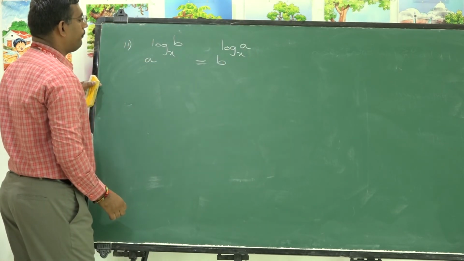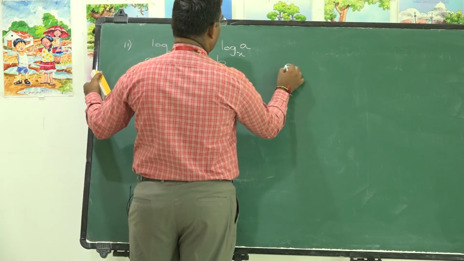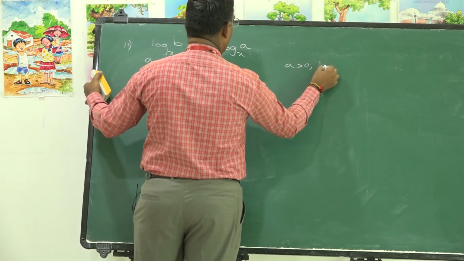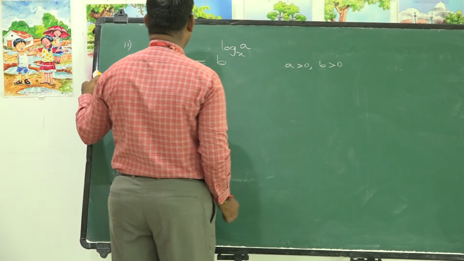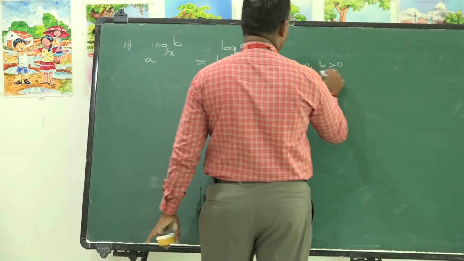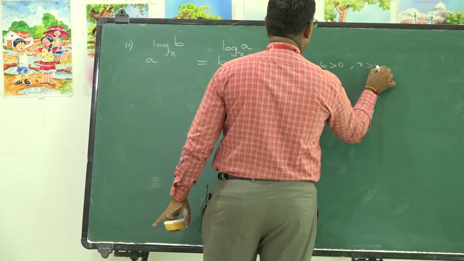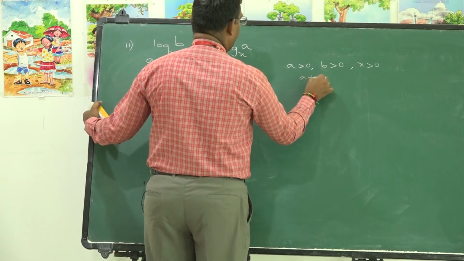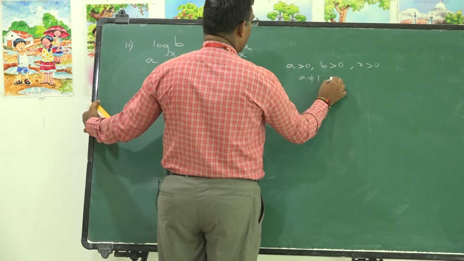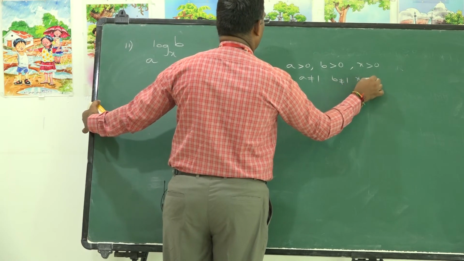Very important property, where a and b are positive real numbers and a is not equal to 1, x is not equal to 1, base b is not equal to 1. x is also a positive real number, a is not equal to 1, b is not equal to 1, x is not equal to 1.